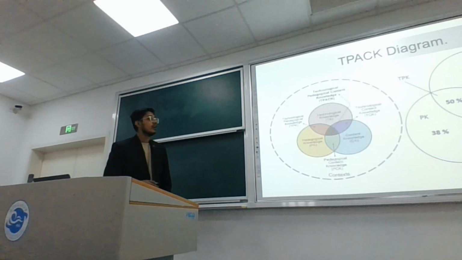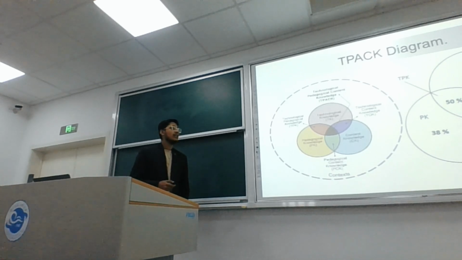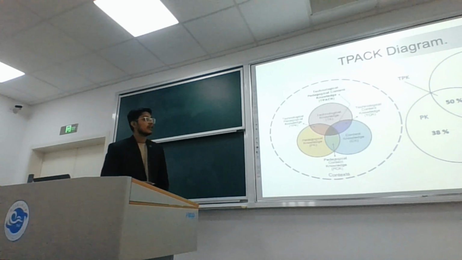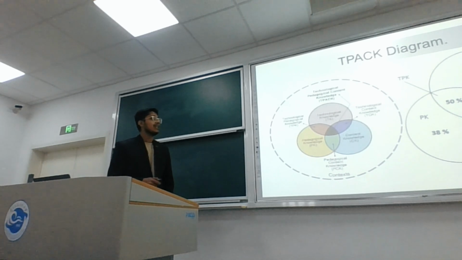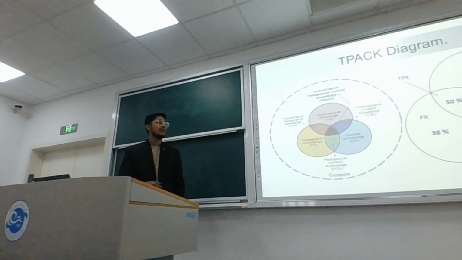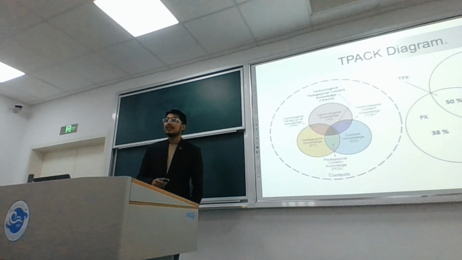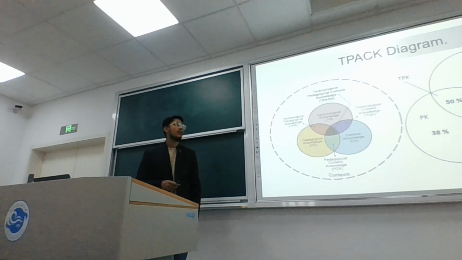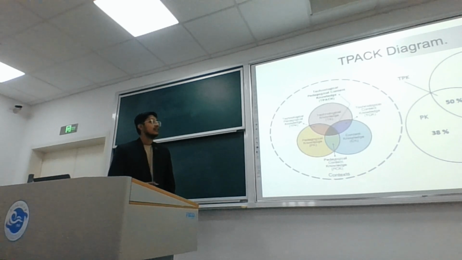When technological knowledge and pedagogical knowledge work together, it is 50%, right? And when pedagogical knowledge and content knowledge work together, it is 59%. And overall, the strength of TPACK knowledge is 78%. So we can say that it's really very helpful for our learning environment design.